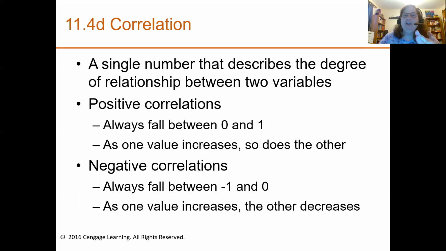And as one value increases, the other value increases. Negative correlations fall between -1 and something less than 0. And as one value increases, the other decreases. What does 0 mean? No correlation. That's where you get that big blob of nothing.